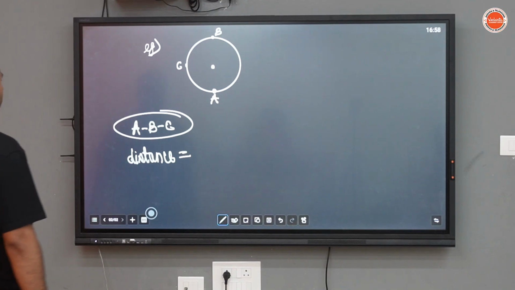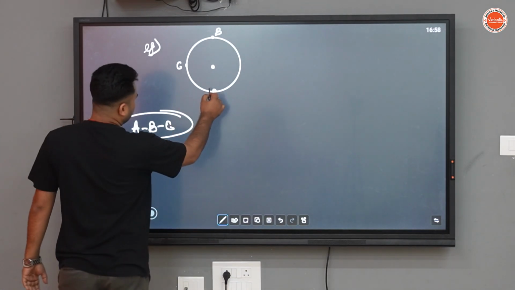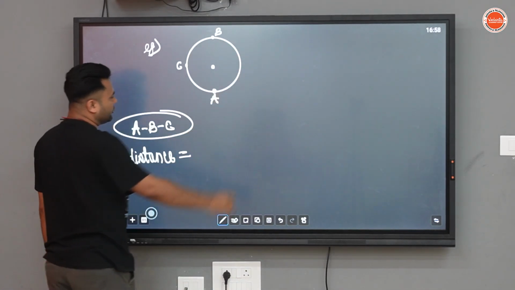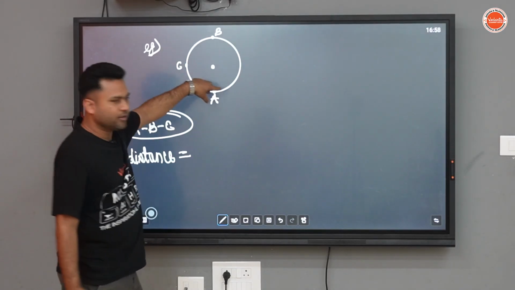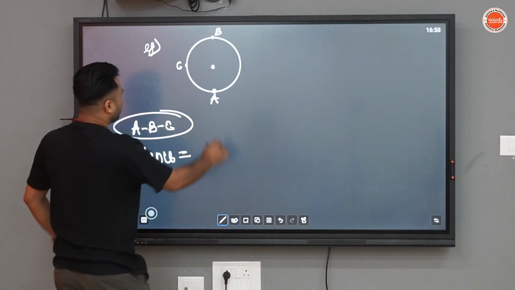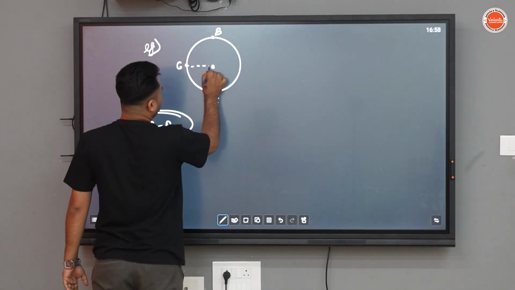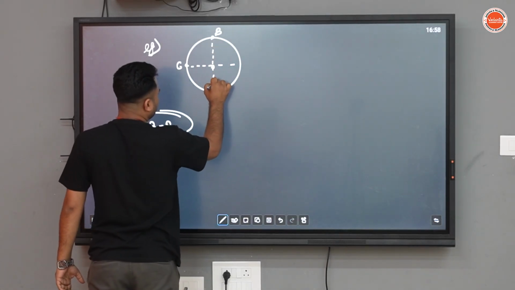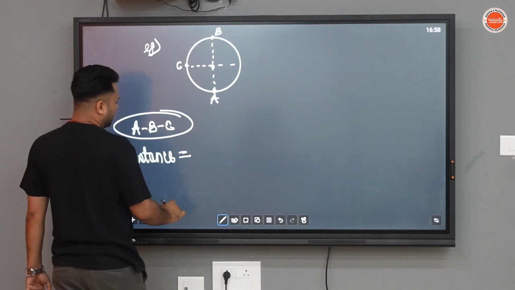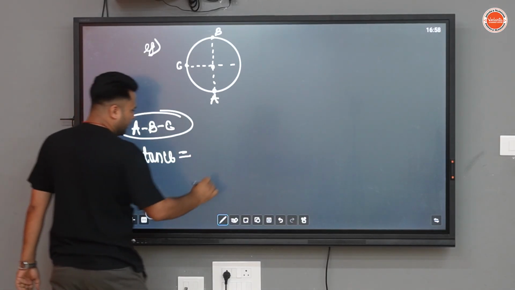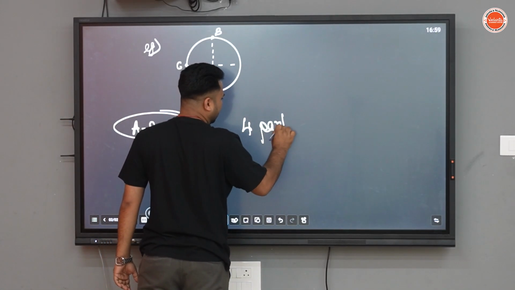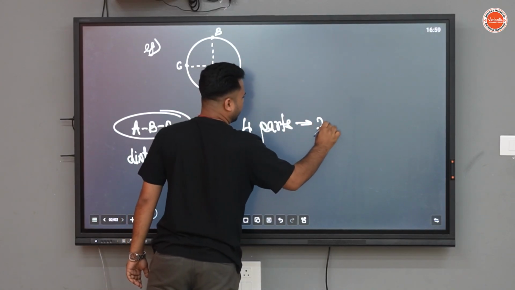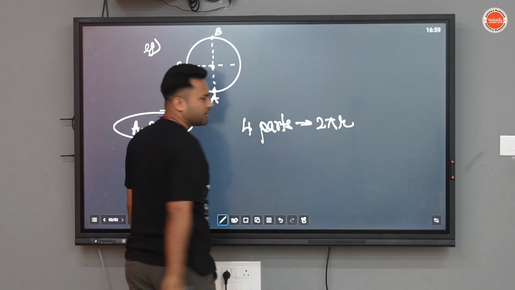Okay. So you know that the complete circle length is 2 pi r. If I break it into 4 parts, the length of all the 4 parts is 2 pi r. Correct?